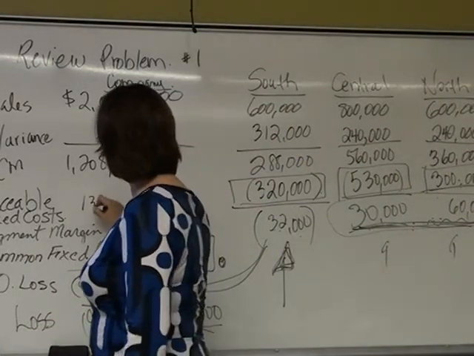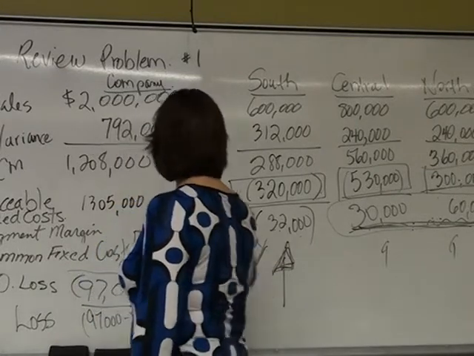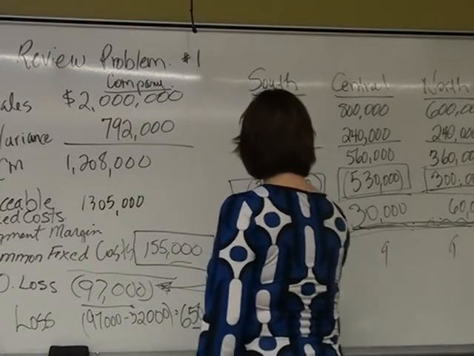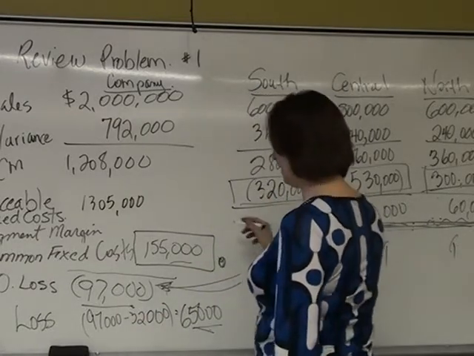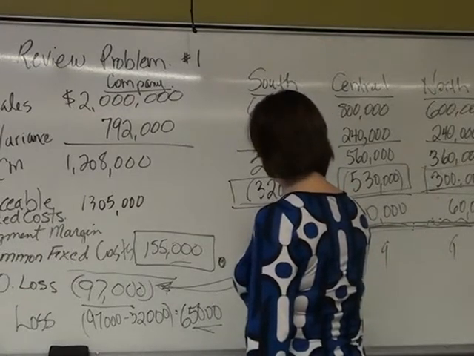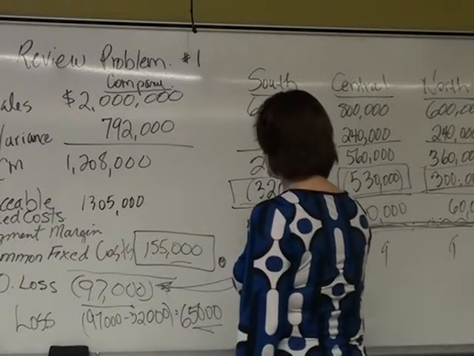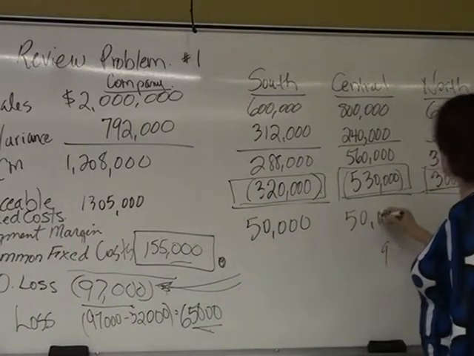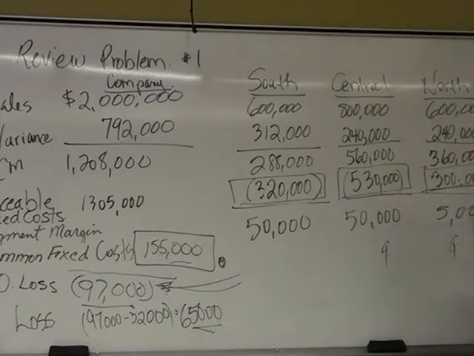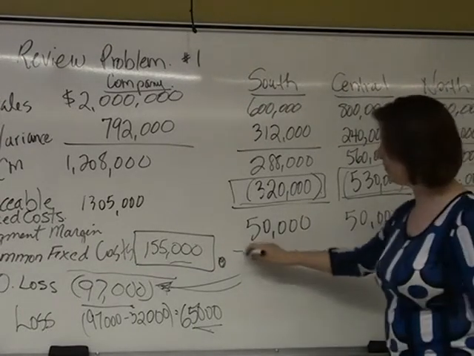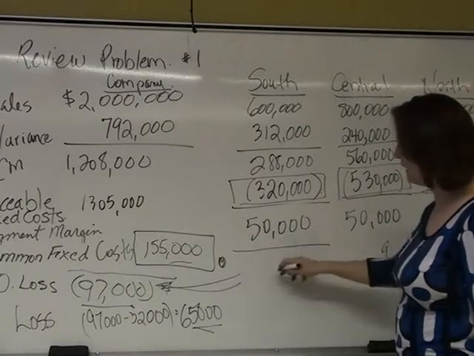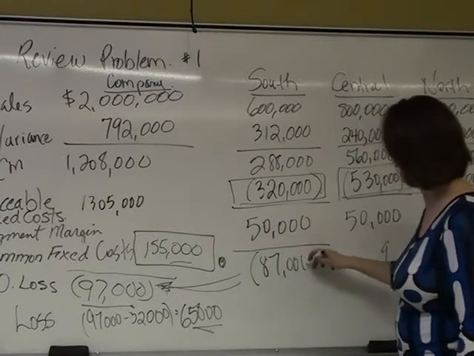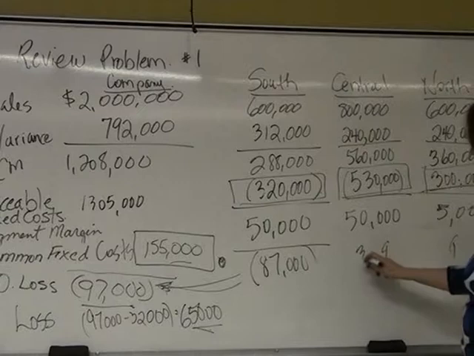Where they had 1,305,000, and then they might have somehow allocated it out by fixed costs, 50,000, and 5,000, and then their absorption costing statement would show a loss of 87,000, and this would have a profit of 3,000.